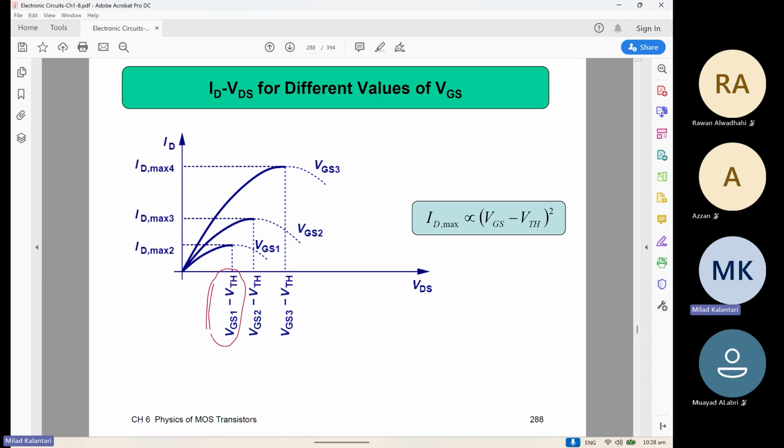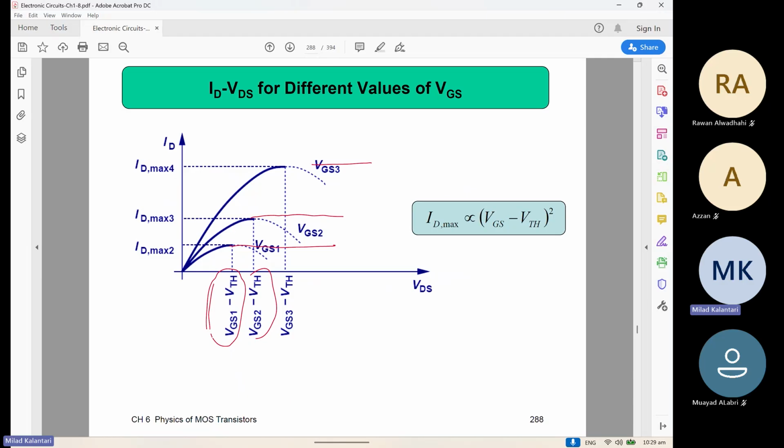So the lower the VGS minus V threshold means the lower current, right? It comes up to a maximum value and then will be flat. It will be like a current source after the pinch off happens. For the higher VGS minus V threshold, the higher drain current, like this, right?